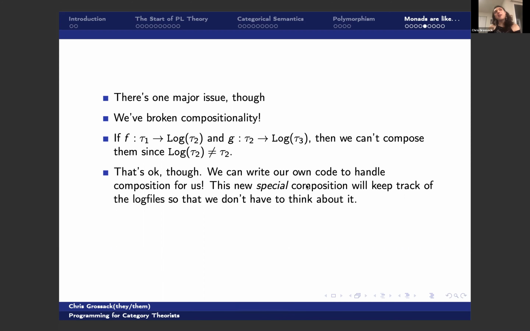That's okay though. Again, we write our own special code to handle composition for us, and then everywhere in our code base, we replace the old composition with this new composition, or in a programming language like Haskell, it gets handled for you because composition is overloaded with type classes.